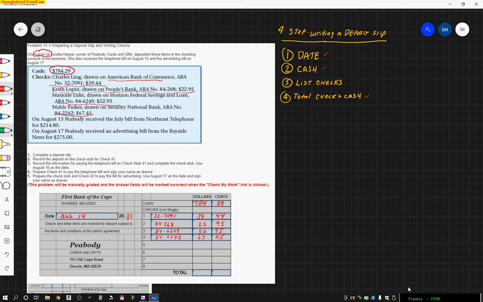So we listed the checks. We're going to now take the checks and add them up, along with the cash, and we're going to come up with a total deposit of $967.08. That concludes our filling out the deposit slip.